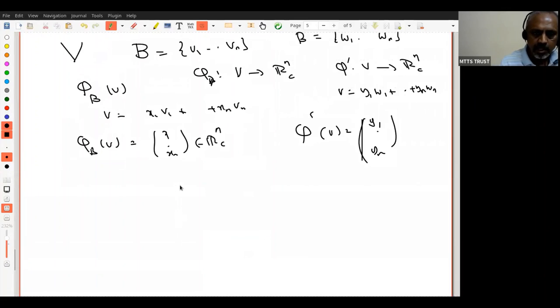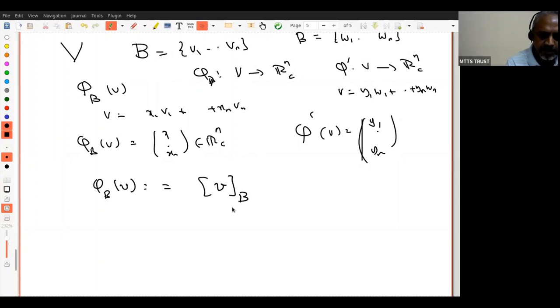Okay, so I want to introduce a notation. I'll denote phi B of V as V B. What does that mean? Write V in terms of the ordered basis B, then you get a column vector. That column vector I denote by V B. This is same as this. These are all equal. Do you understand this? Okay. All these are equal.